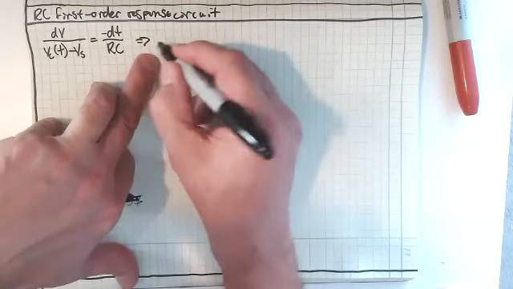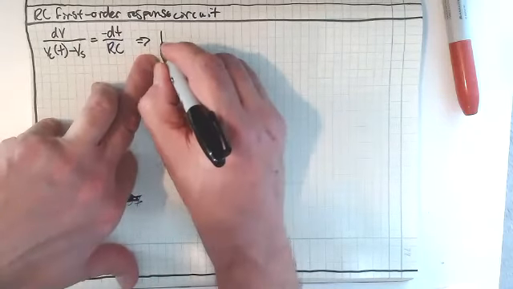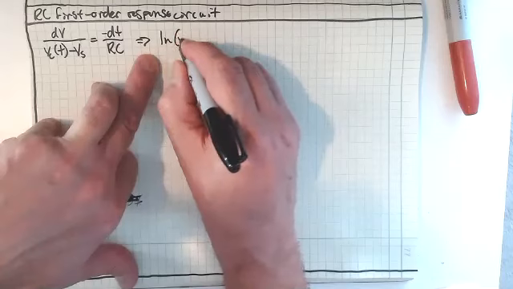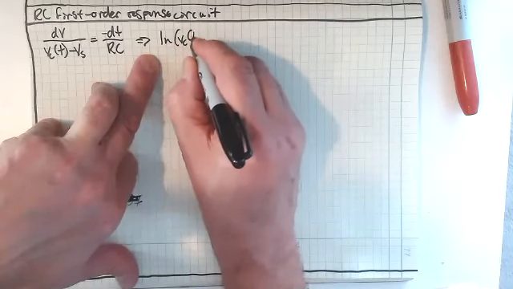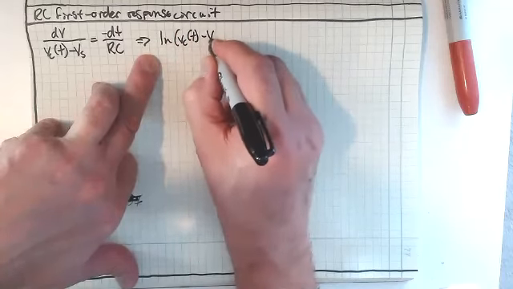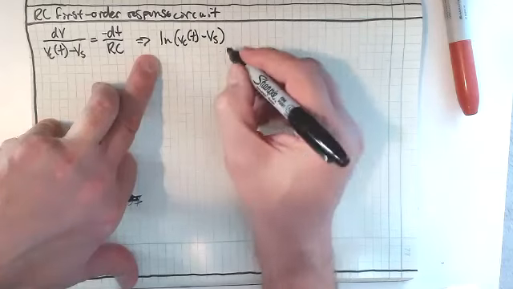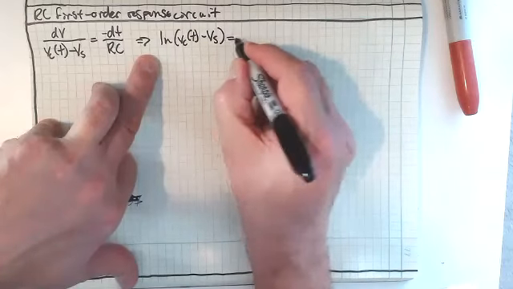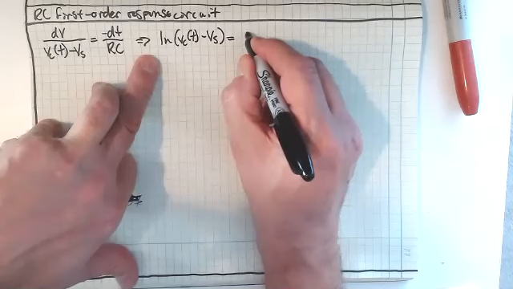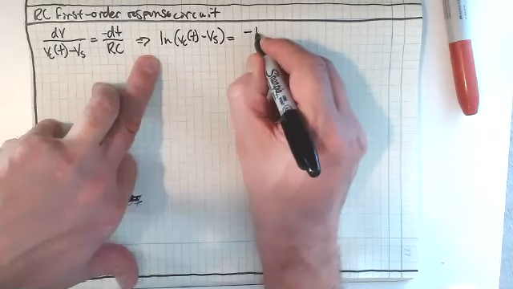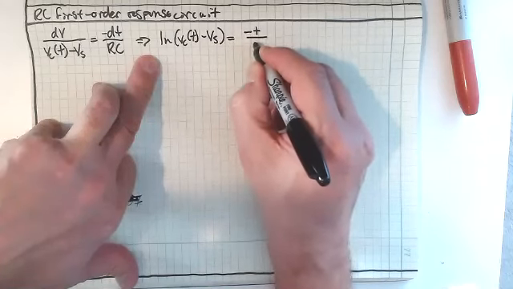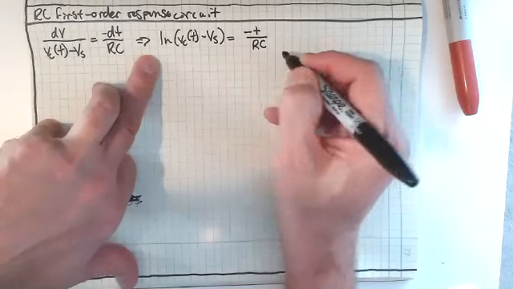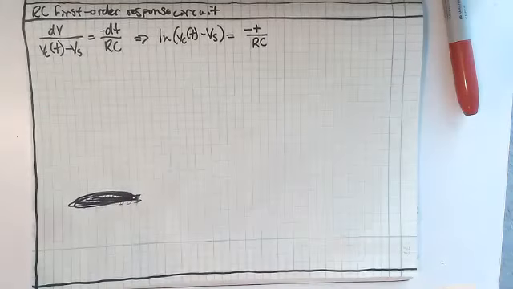If I integrate that with respect to V, that's going to give me the natural log of V_C of t minus V_S equals minus t over RC. I think I'm missing something here.